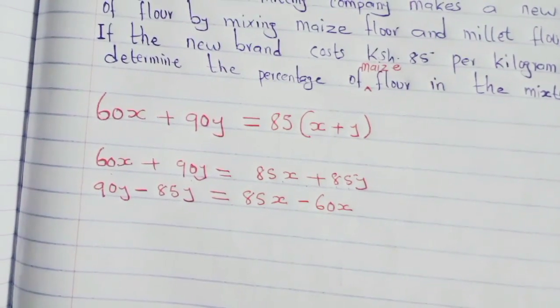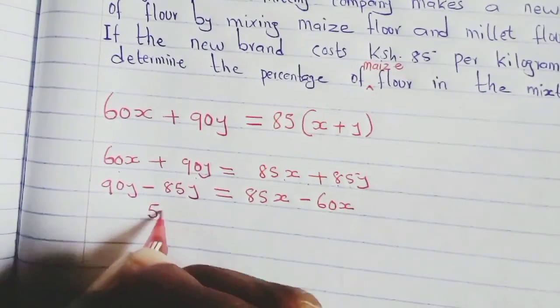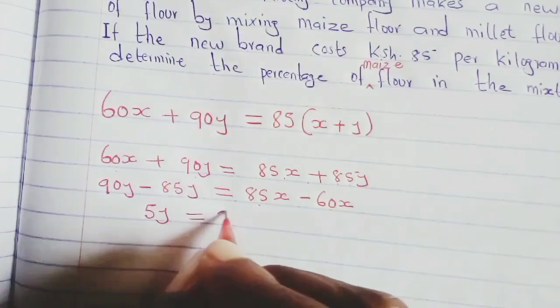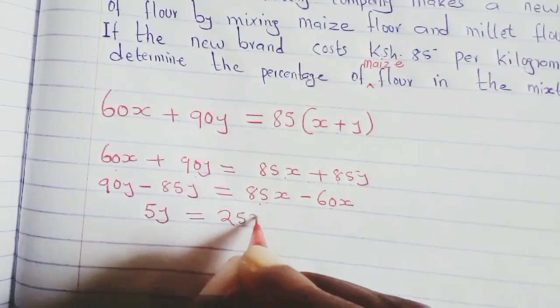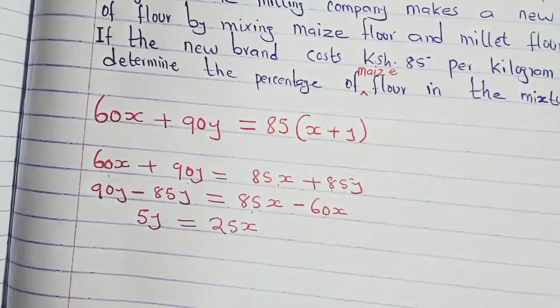After that, 90 minus 85 is 5, and 85 minus 60 is 25. So we have 5y is equal to 25x.